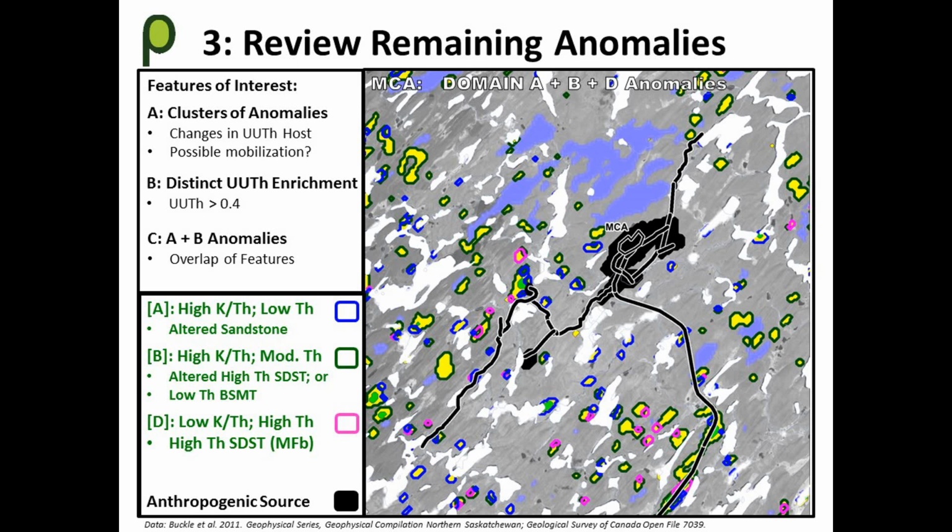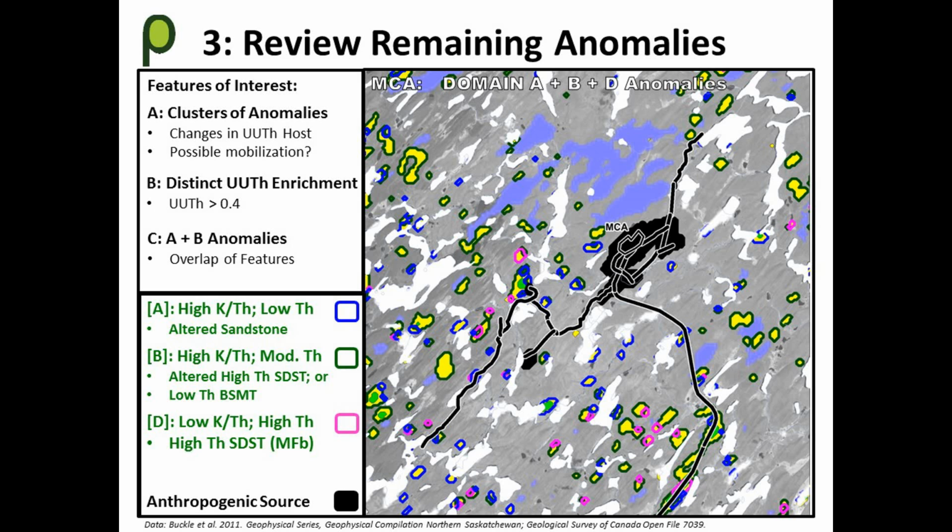So maybe it's more important to look at where there's clusters of anomalies. So changes in uranium thorium host with a uranium anomaly in them. For instance, right here, we've got a whole collection associated with one domain, but right on the edge of it, you've got a number associated with another domain. A lot of stacking of things that are a little different from each other, but still showing uranium enrichment.